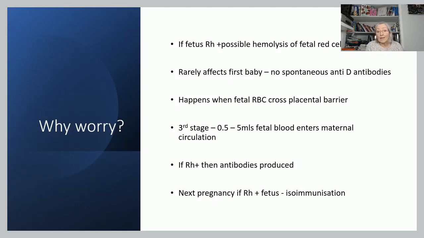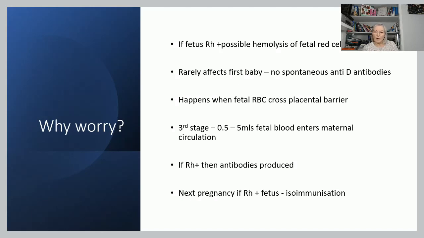So the most likely time for this to happen is delivery of the third stage, because up until that point, fetal and maternal circulation are very separate. But as the placenta separates, you will get damage to the blood vessels, and so there is the potential for some fetal blood to enter the maternal circulation.